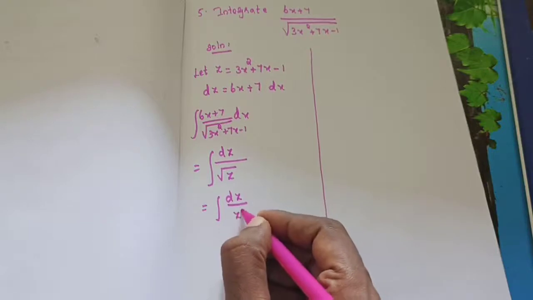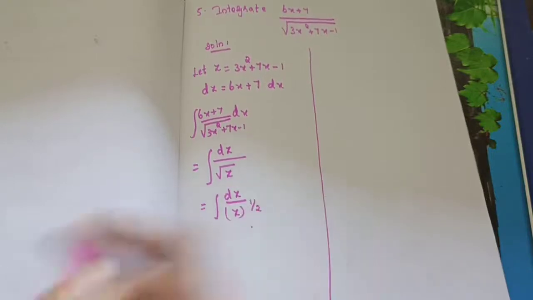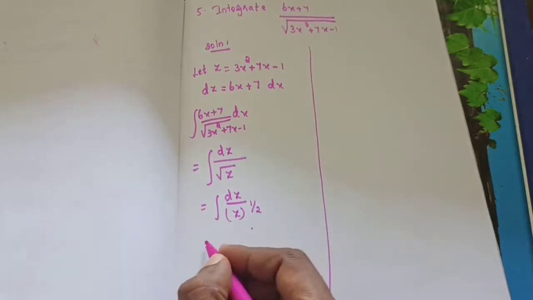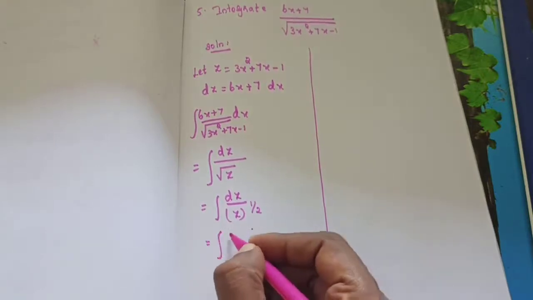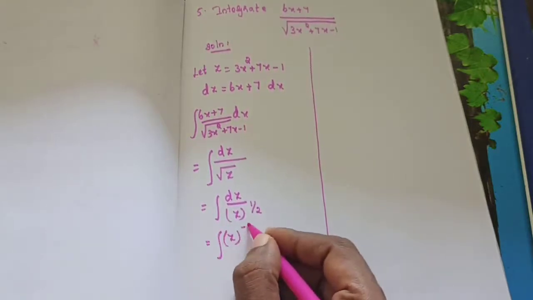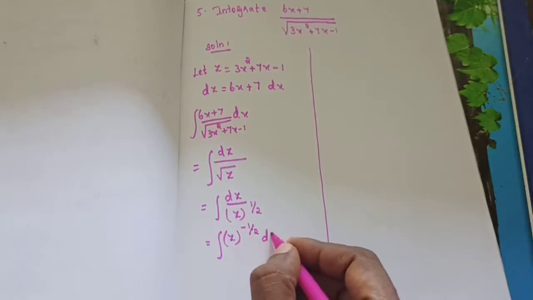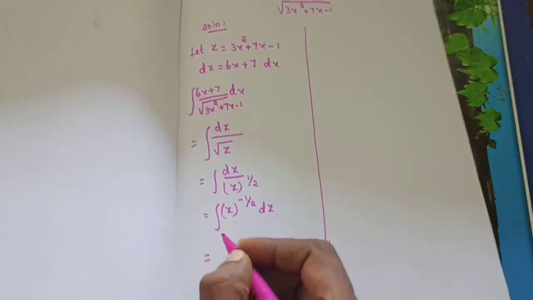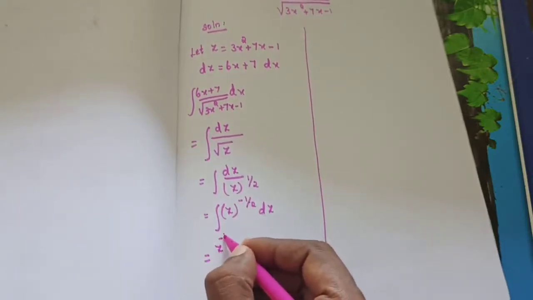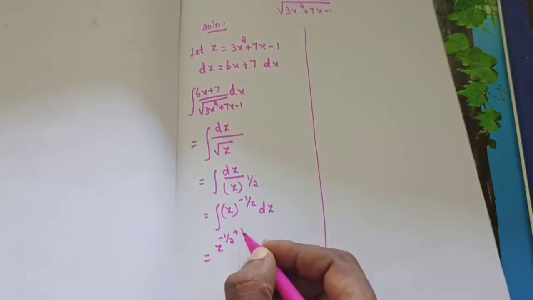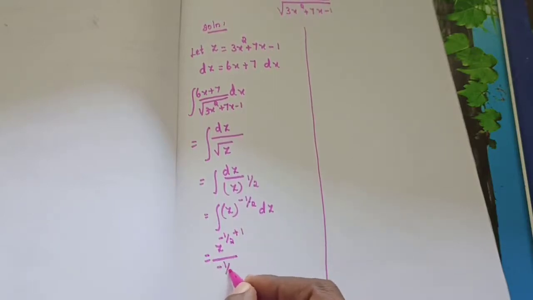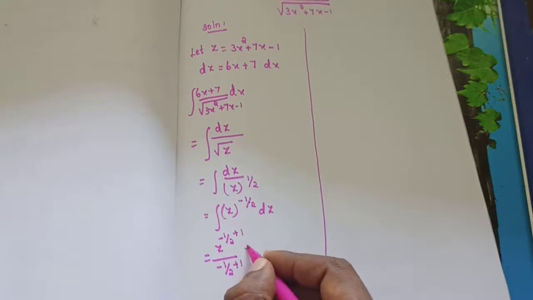So that's equal to dz by the square root of z. How will you write it? z power 1 by 2. Now, what will you do in the next step? Shall we bring this z power 1 by 2 to the numerator? So the integration of z power minus 1 by 2 dz. Shall we integrate again? That is z power (minus 1 by 2 plus 1) divided by (minus 1 by 2 plus 1), plus c.